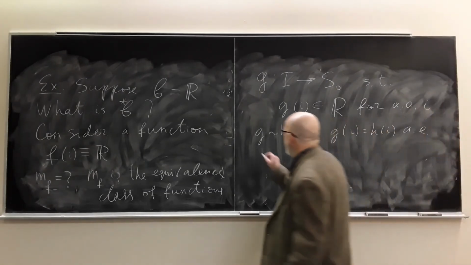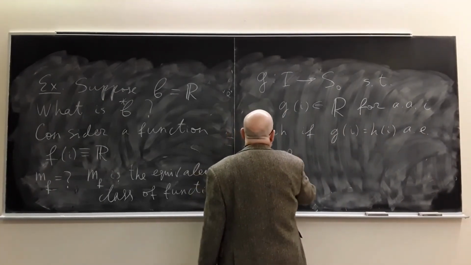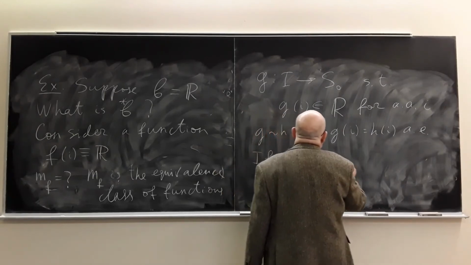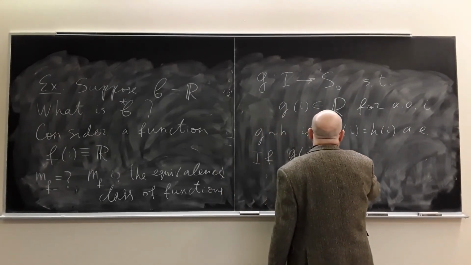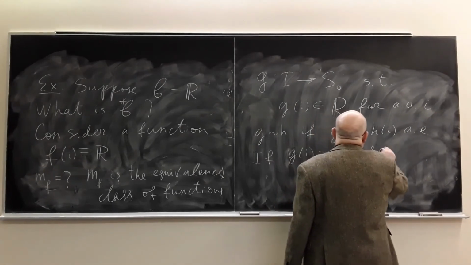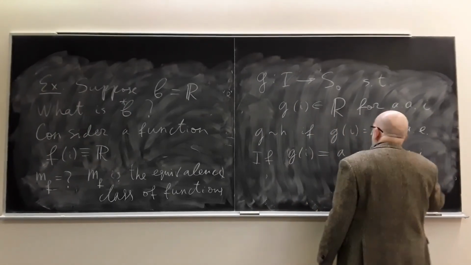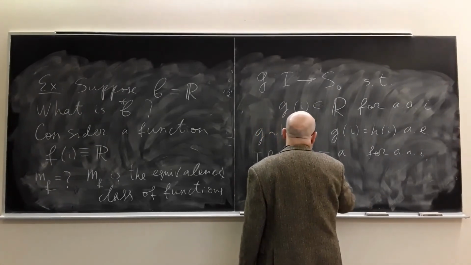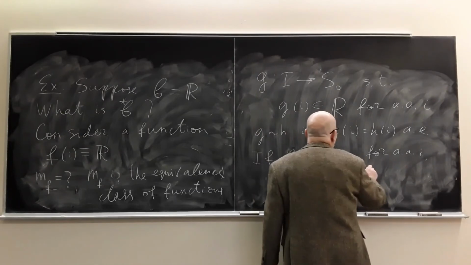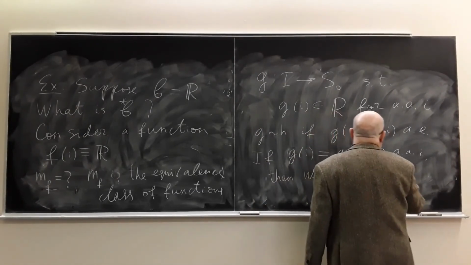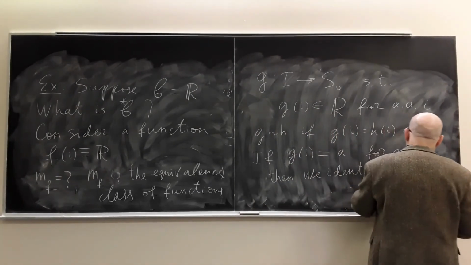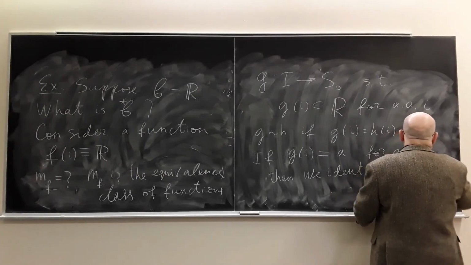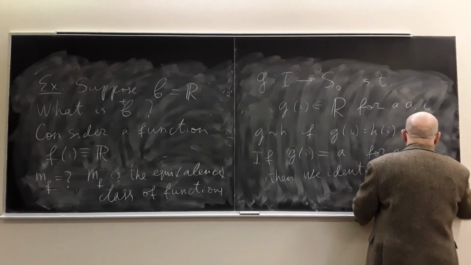So if G of I equals, say, A for almost all I, then we identify G with A. Yeah?